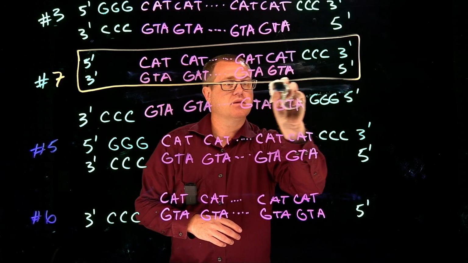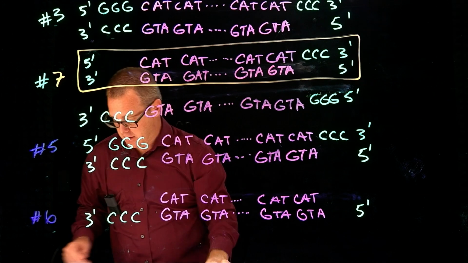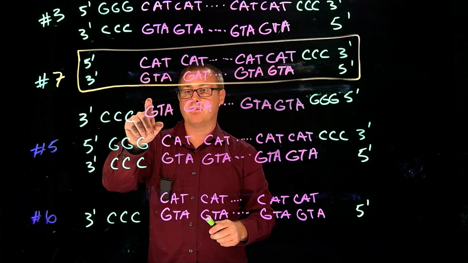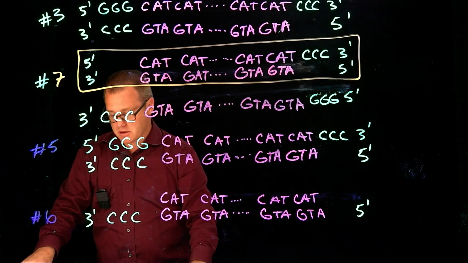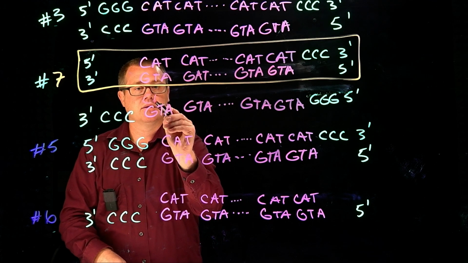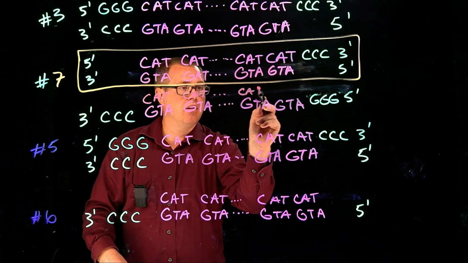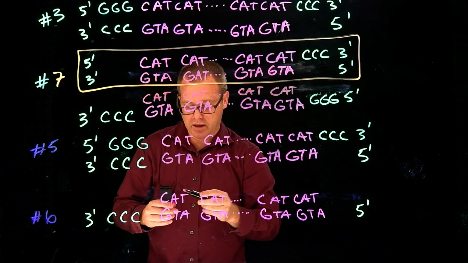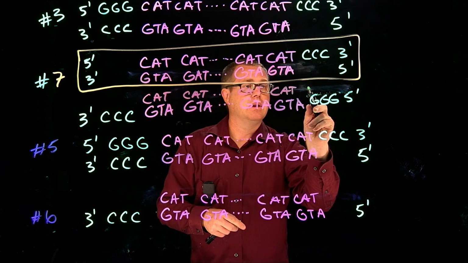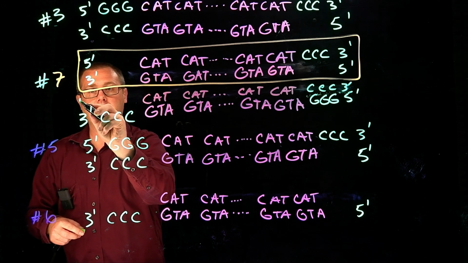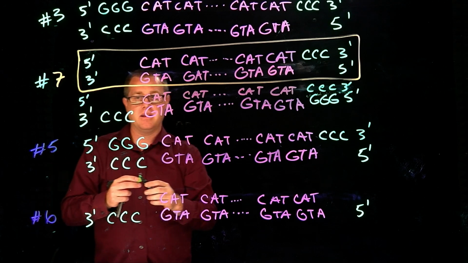So if we make this molecule, let's see the forward primer annealed here. So that's going to be CAT, AT, CCC 3 prime. So this would be our 5 prime end right there.